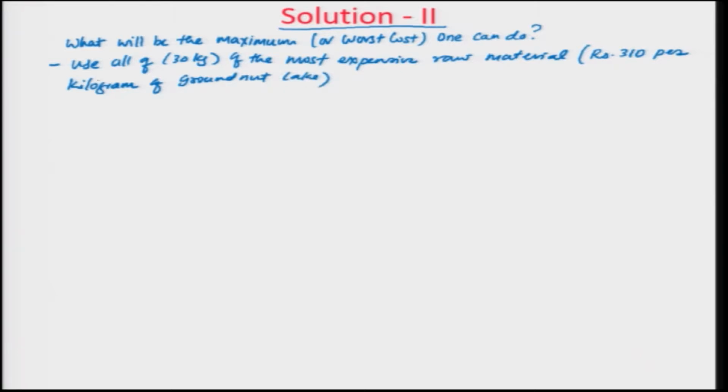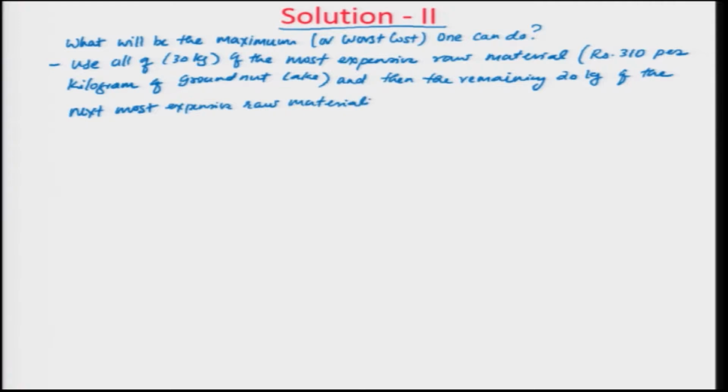Okay. Use all 30 kilograms of the most expensive raw material, and then the remaining 20 kilograms of the next most expensive raw material, that is rupees 300 per kilogram of neem cake, to make 50 kilograms of fertilizer.